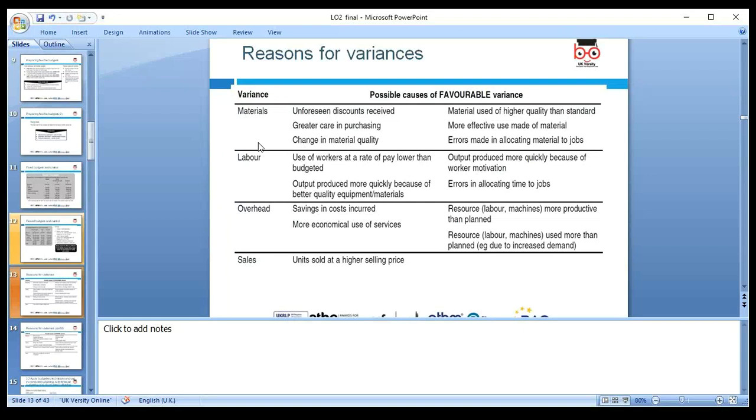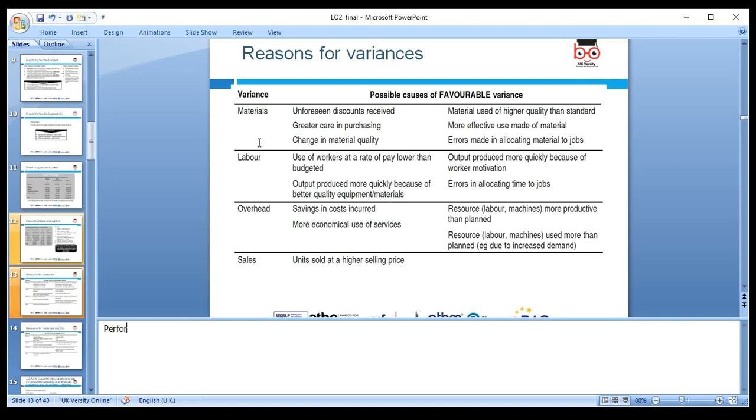So you have to look at it: if the usage is more but the price was very low, the overall variance can become favorable, which is fine. But you have to think about what the long-term impact will be.